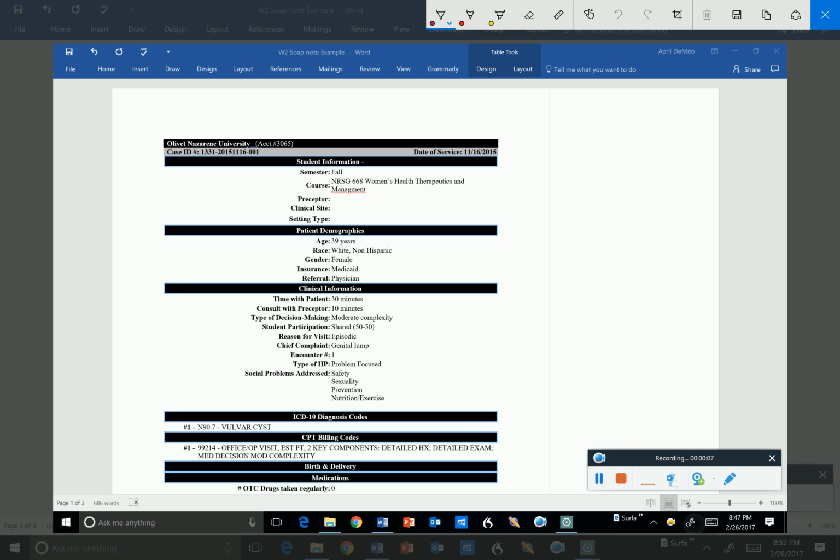So, SOAP note charting also helps us to come to our diagnosis, and I'm requesting that everyone have 3 to 5 differential diagnoses on their patient charts. And it's important because you don't want the patient coming back to you in a week and saying, you didn't know what you were doing.